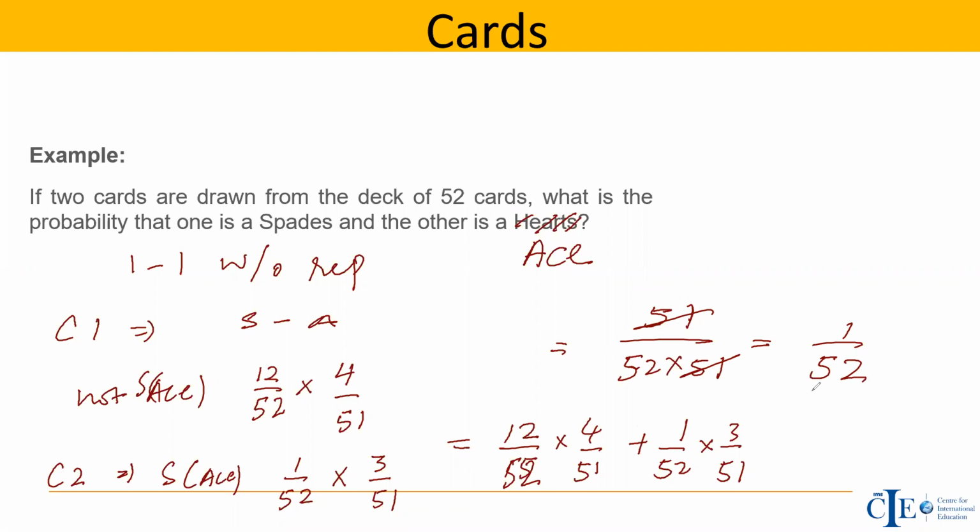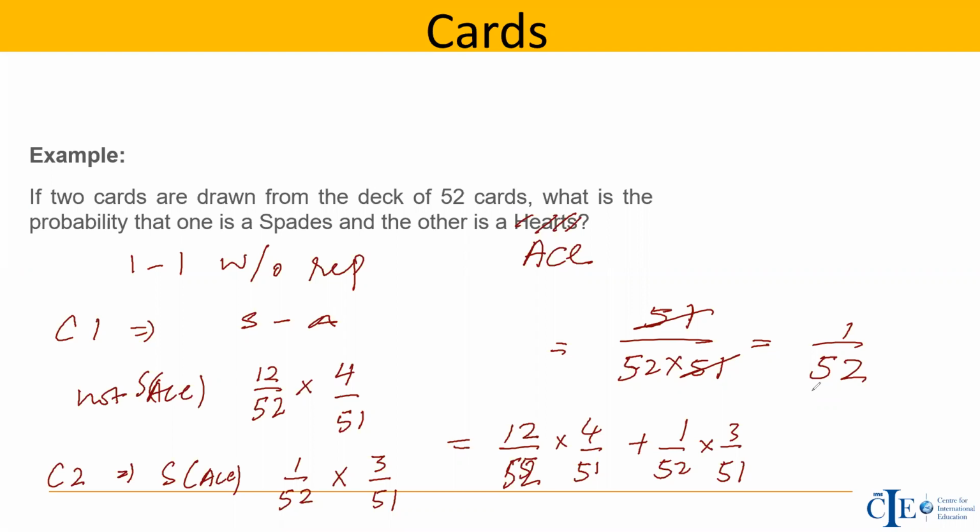So you can say that 204 is 52 into 4, 13 into 4 into 4. No, that will be too high, Sarang, for you. So you have to split that into two cases.